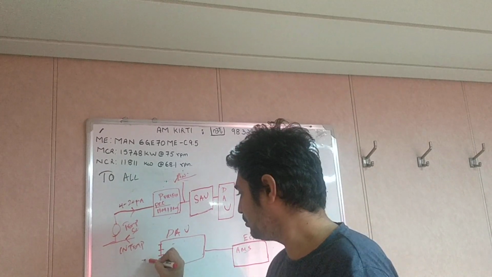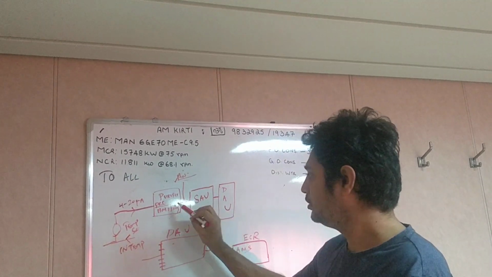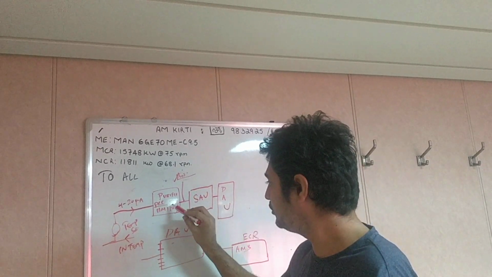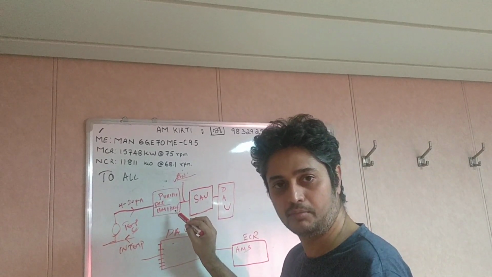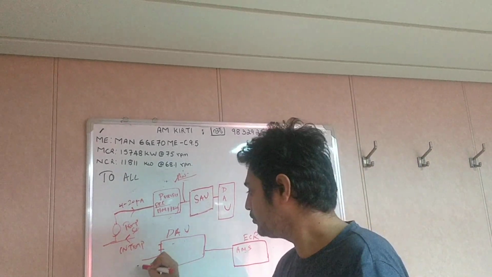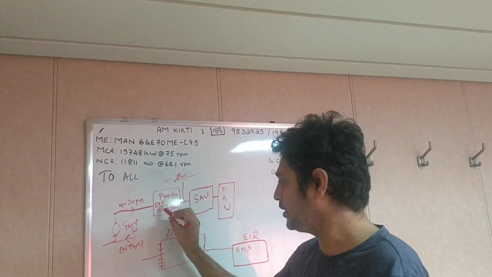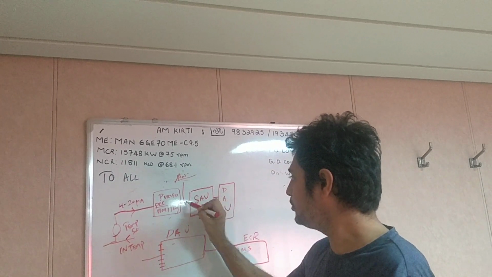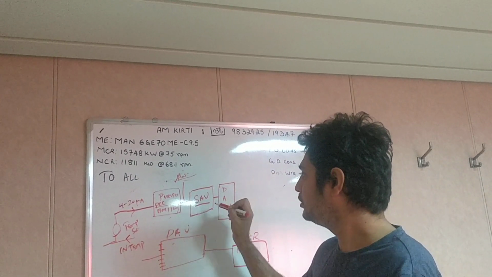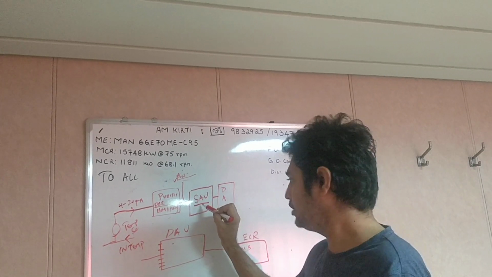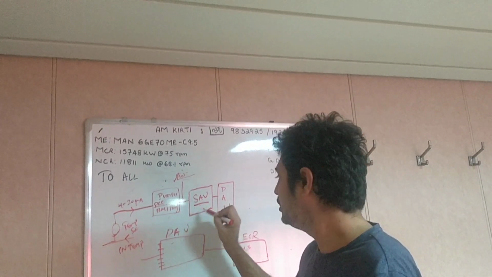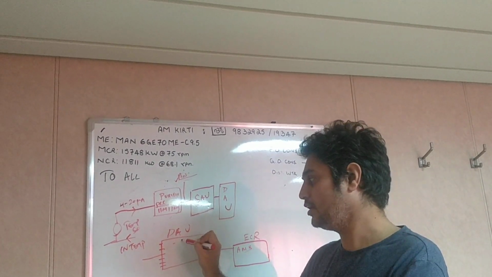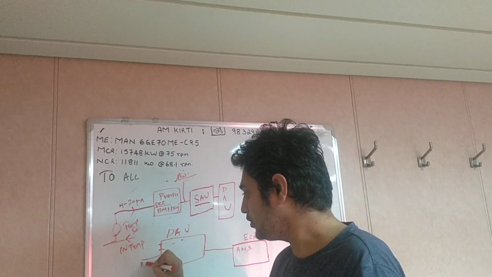Suppose this is the port which is connected to the SAU related to the purifier PLC. Suppose the fuel oil inlet temperature is low, or it has sensed fuel oil inlet temperature low. What will happen? This will give a signal to the SAU as an analog signal, and this will give a signal to the DAU where you have NO/NC.